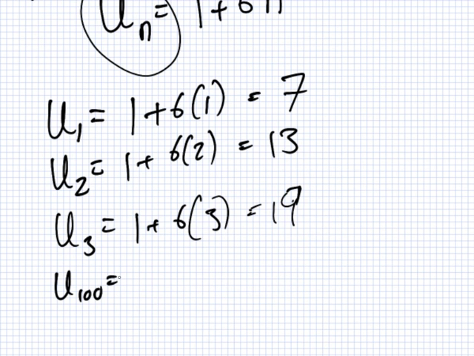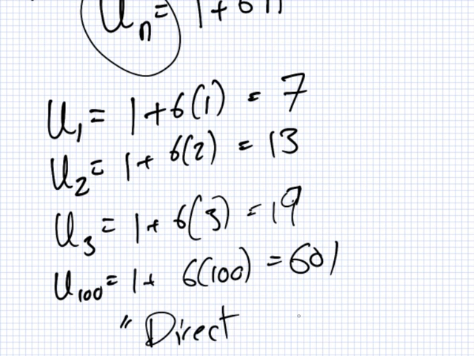It'd be 601, yeah. So this is what you might call a direct formula. In this first lesson on sequence and series, the formula will be given to you. But in the next lessons, you will have to find the formula yourself.